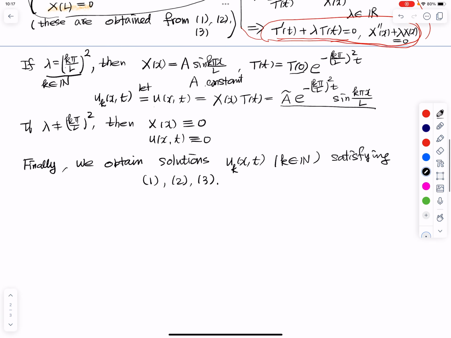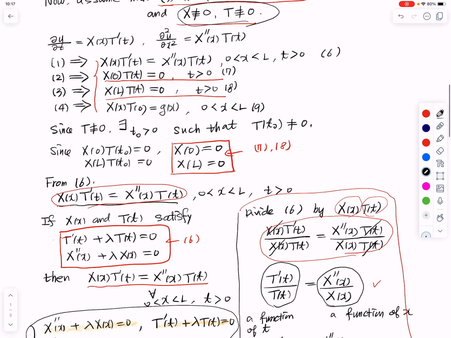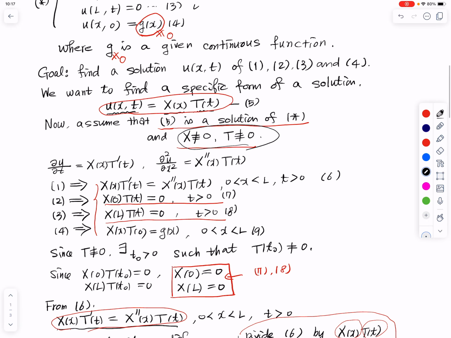Okay, but these solutions u_k(x,t) do not satisfy the full problem. So we tried to find the separation solution u(x,t) in form 5.